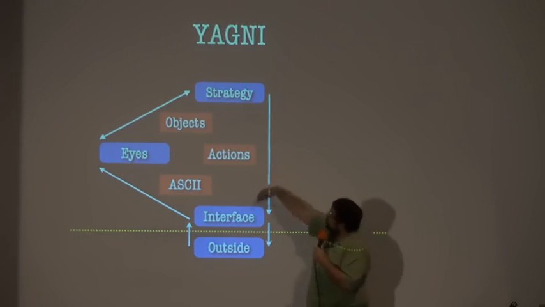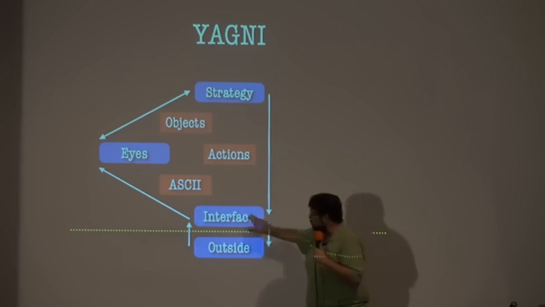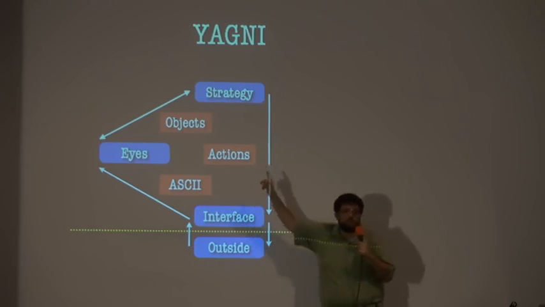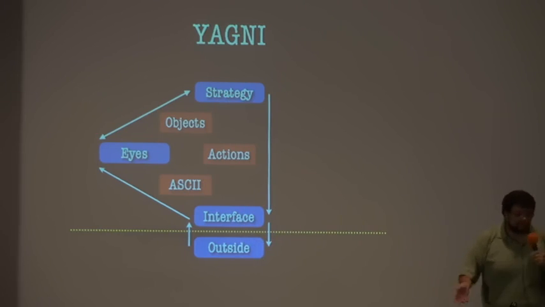Just throw them right from the strategy to the interface. In other words, hard code what the commands are for the HTTP server all the way up into the strategy. And then you have fewer objects, right? You don't have objectives, you just have actions.